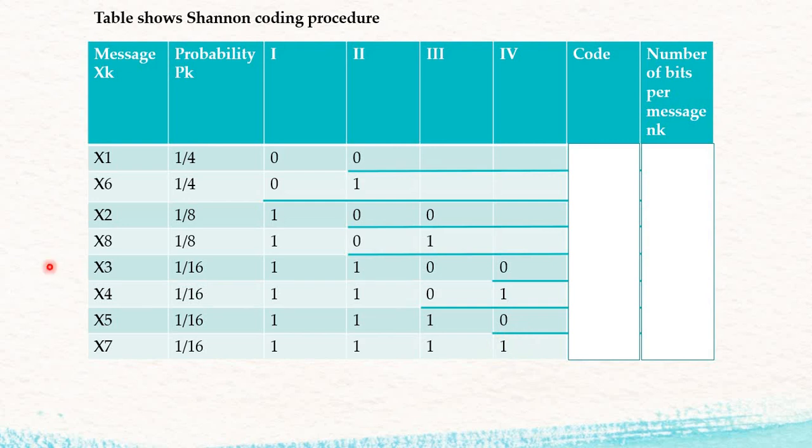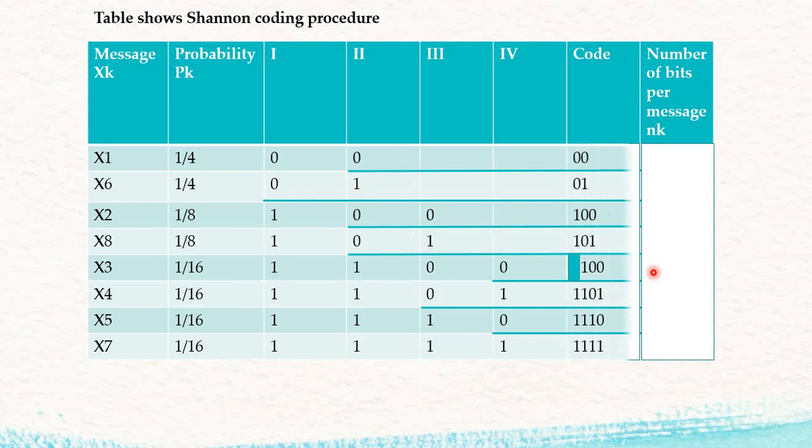So in this way we draw the table, and once the table is with us, our next task is to find out the code. And for finding the values of code, my x1 is equals to 0 0, x6 is equals to 0 1, x2 is equals to 1 0 0, and so on. So this is going to be my code. Now one thing is very important over here, that is for message x1 with a probability of 1 by 4, the code is 0 0.